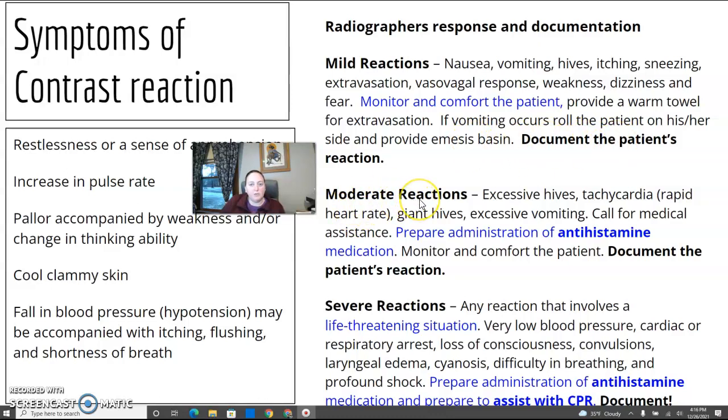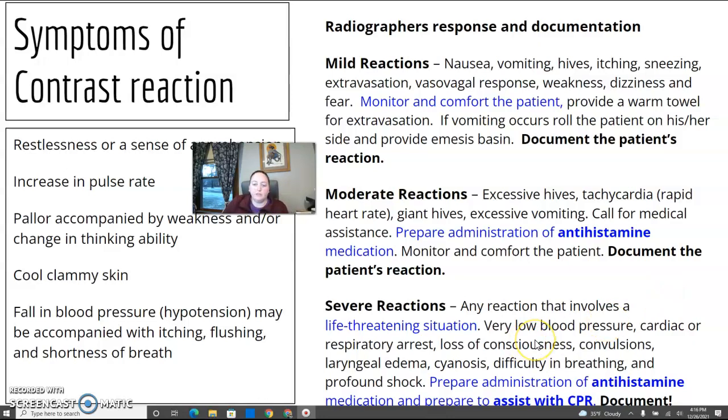Moderate reactions are a little bit more severe. There's going to be excessive hives. There might be a rapid heart rate, vomiting. You're going to want to call for assistance, prepare for administering an antihistamine, and document the patient's reaction. Severe takes everything to a higher and possibly life-threatening situation.